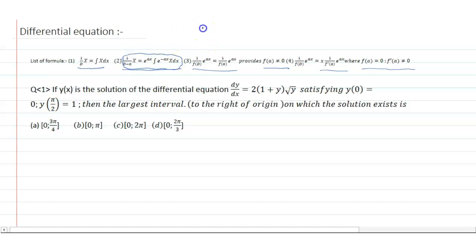How does it come? Because 1/(D - a) X is equal to y.